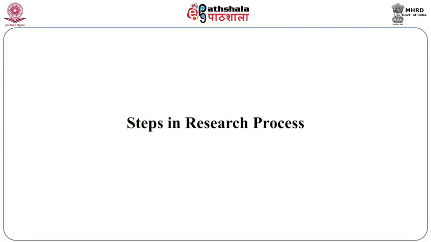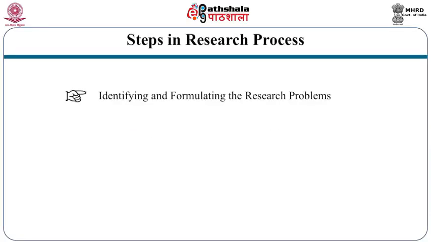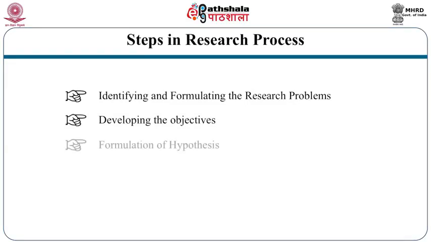Steps in research process. In any research, the following steps are involved. First, identifying and formulating the research problem. Second, developing the objectives of the research. Third one, the formulation of the hypothesis. Fourth, literature review.